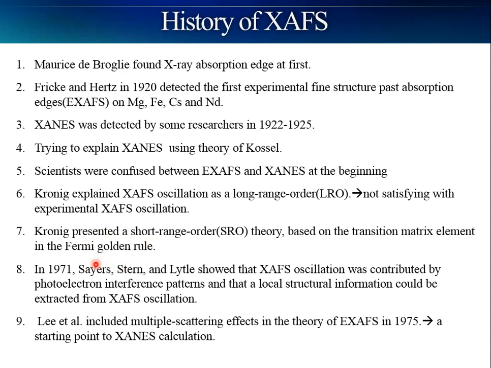In 1971, Sayers and Stern, who is an advisor of my professor, later showed that the EXAFS was contributed by photoelectron interference patterns. And they proposed that the EXAFS contains the local structural information. At that time, the EXAFS theory was completed by them.